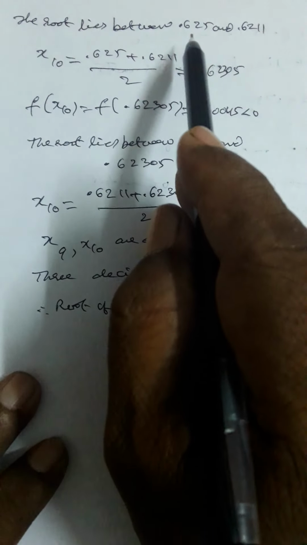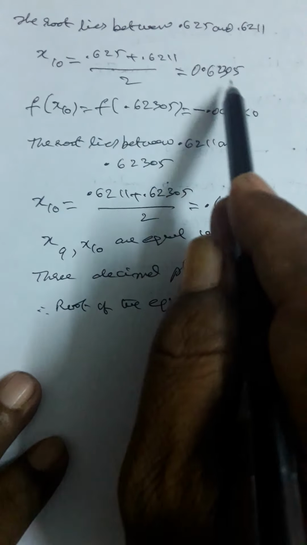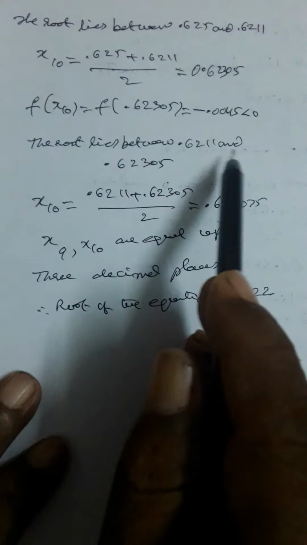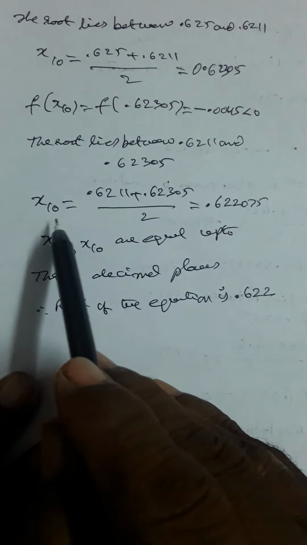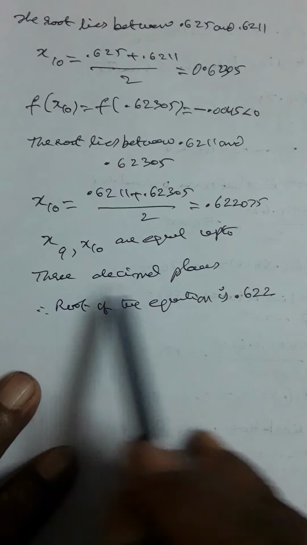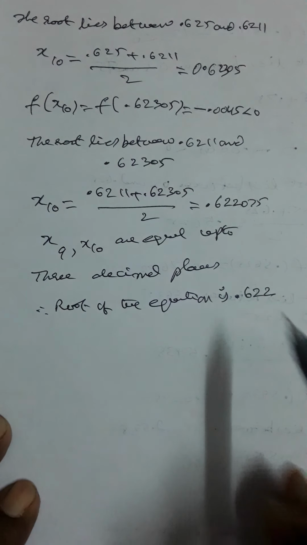The root lies between 0.625 and 0.6211. x10, the average of those two. f of x10 is less than 0. So x9 and x10 are equal up to 3 decimal places. Therefore, the root of the equation is 0.622.